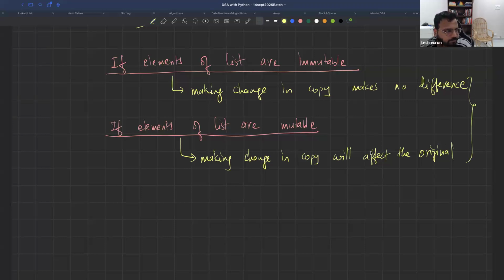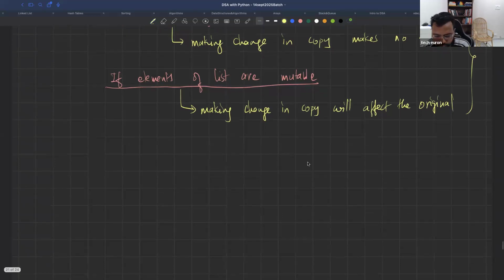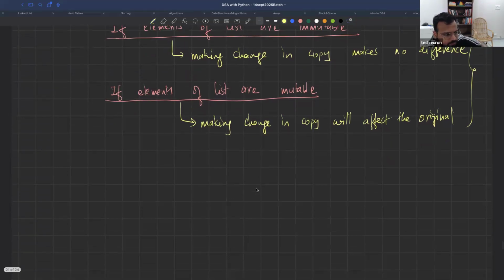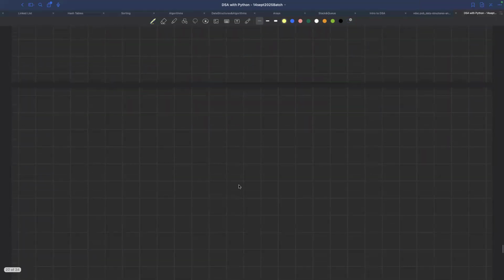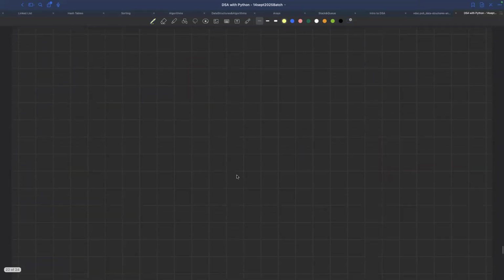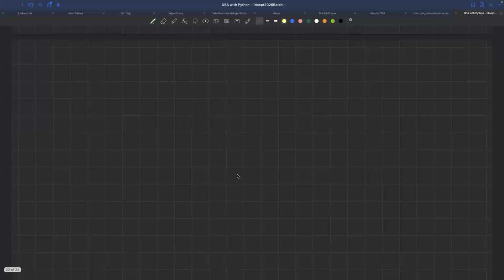What is the meaning of this? Can someone explain what I meant by this? Mutable means it can be edited. If I am making a copy of it, then if I'm making changes, the copy is actually referring to the older elements only.